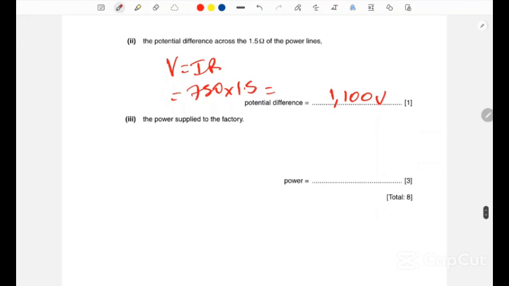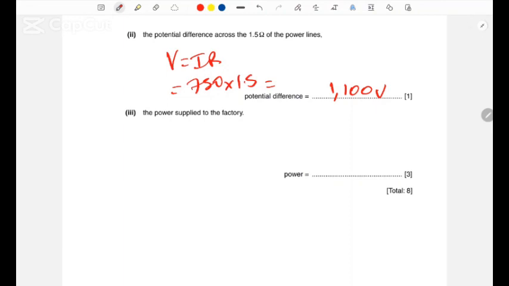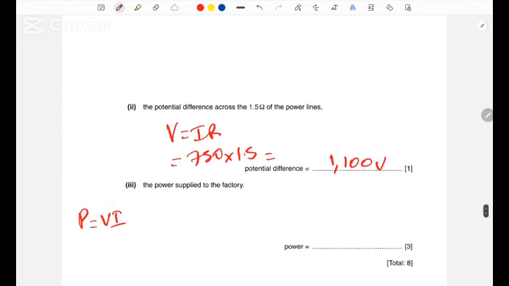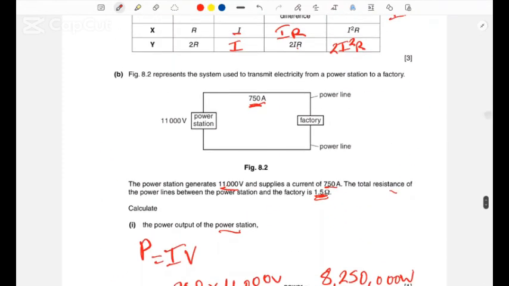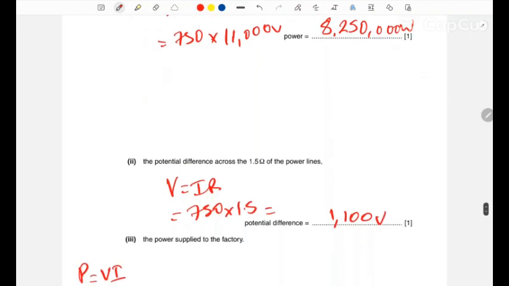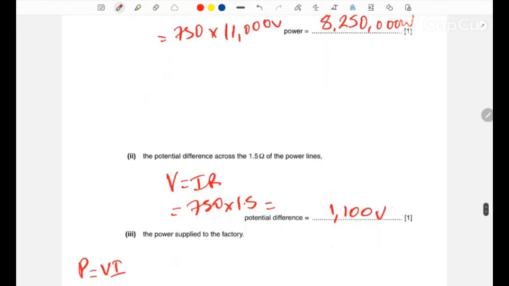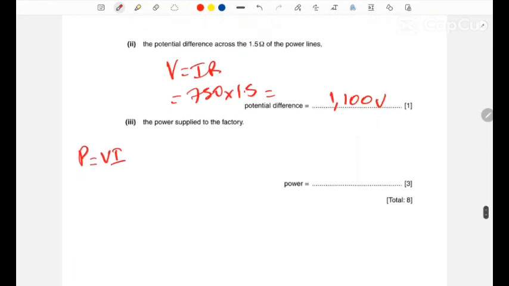Part 3. The power supplied to the factory. To find the power supplied to the factory, first we have to find the voltage supplied to the factory, since power is equal to VI. We have the total voltage, which is 11,000, and then the voltage across the wire, which is 1,100, rounded to two significant figures.